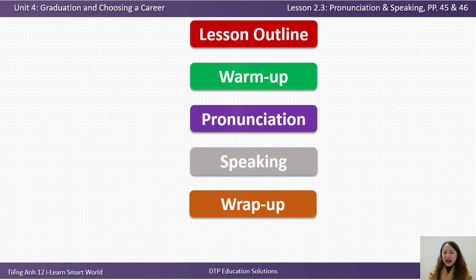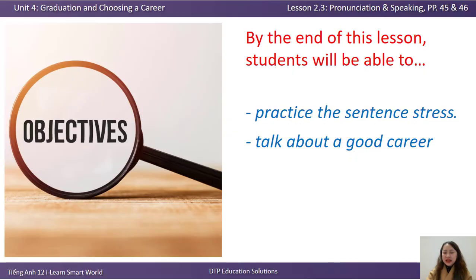Let's talk about the objective of the lesson today. By the end of the lesson, you will be able to practice sentence stress to make your speaking clearer and more natural. Second, talk about careers using could to share ideas and solutions.